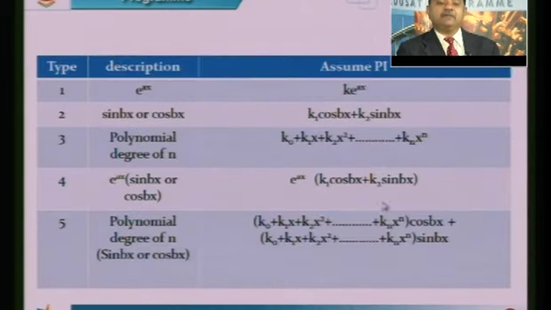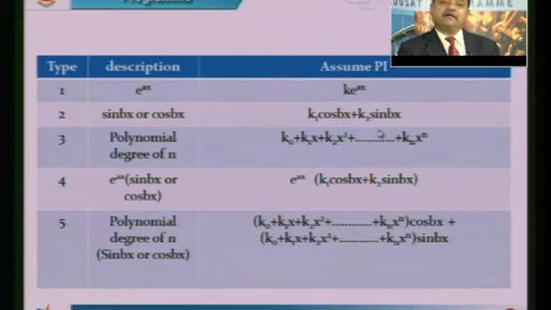Again, this is the table, type 1, type 2, type 3, 4 and 5. Here the problem will be easier if you make this substitution very properly. In type 1 and 2 you have seen some denominators become 0, that is the critical case.